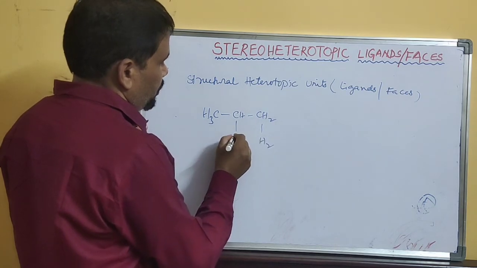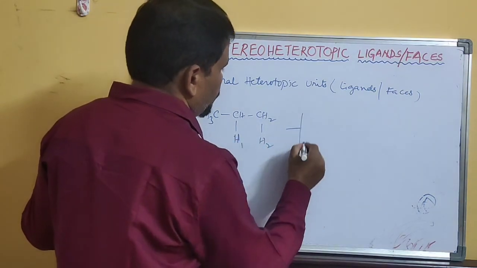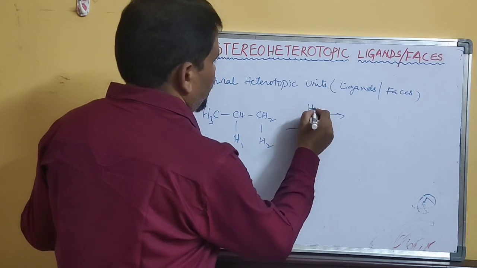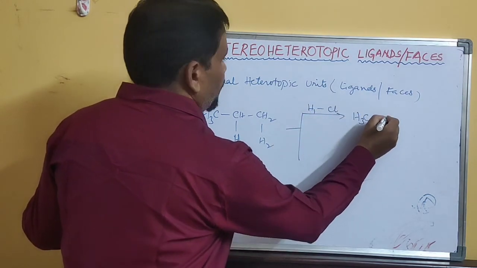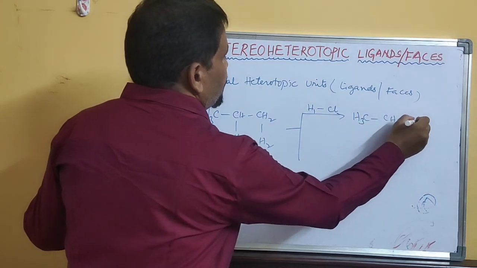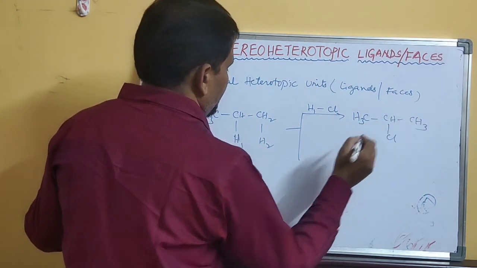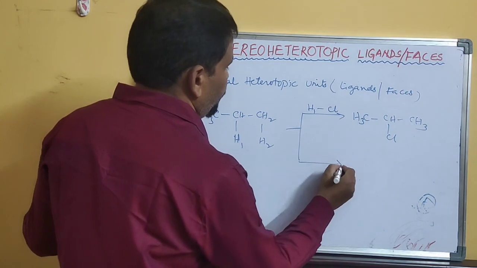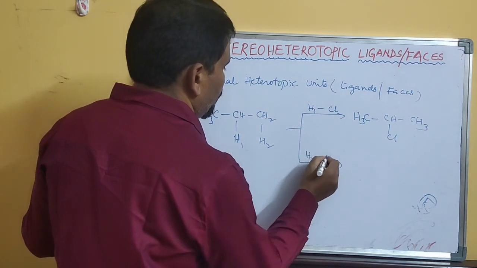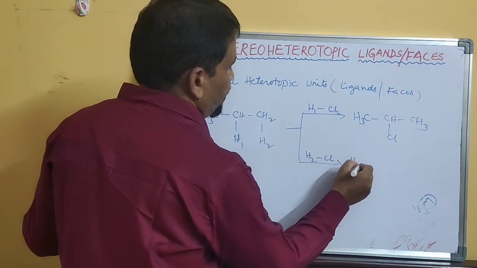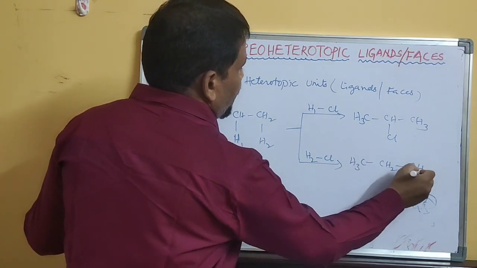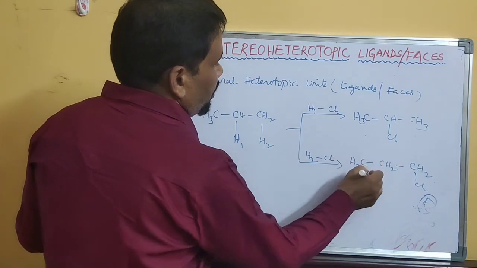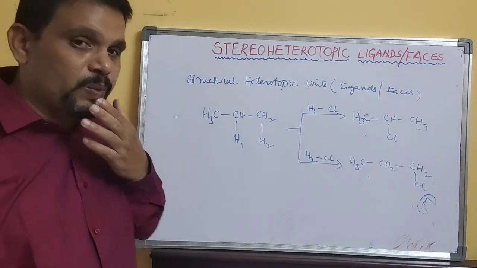So this is the propane molecule. If you substitute H1 with chlorine, you will get CH3 CHCl CH3. If you substitute H2 with chlorine, you will get CH3 CH2 CH2Cl. These two are structural isomers.